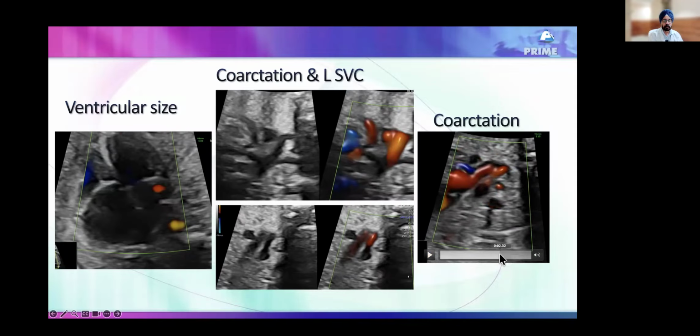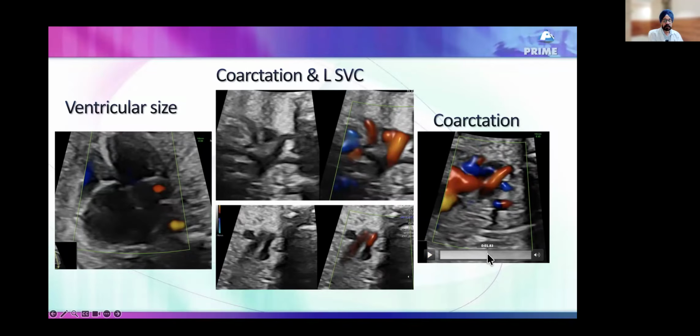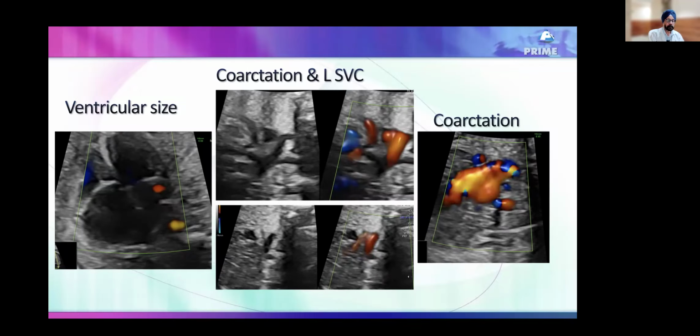You can put a pulse Doppler, but then you can see a diastolic hold. There's no systolic flow in the pulmonary artery. There's no systolic flow in the aorta. You just see the flow here in the isthmus, and that is what we call a diastolic hold. Done? Okay.